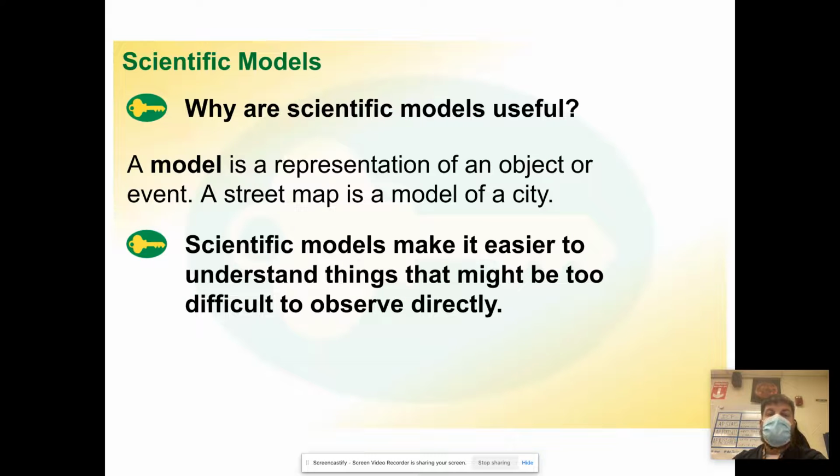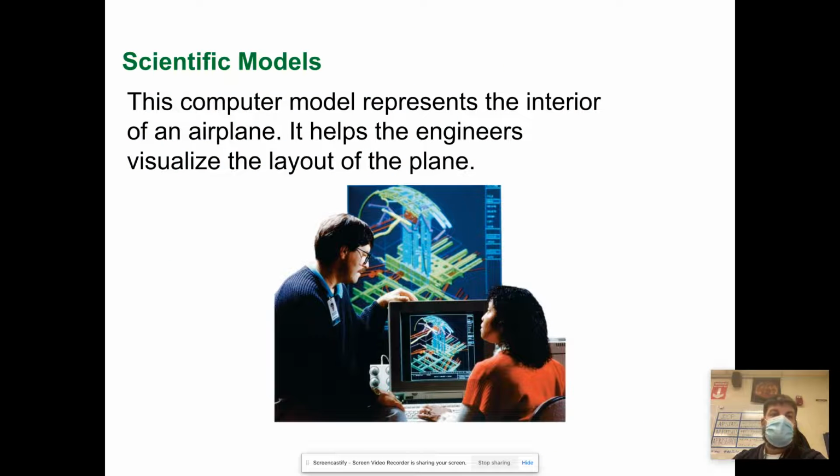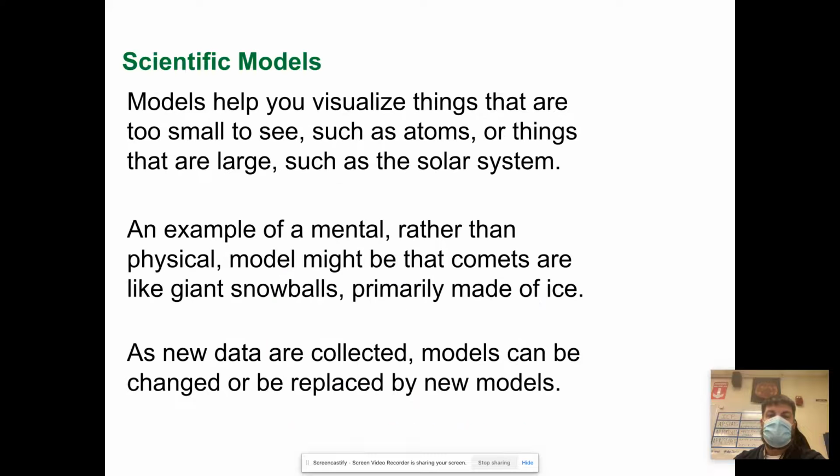A model is a representation of an object or an event. A street map is a model of a city. Scientific models make it easier to understand things that might be too difficult to observe directly. Most models are based on math. So this computer model represents the interior of a plane and helps engineers visualize the layout of the plane.